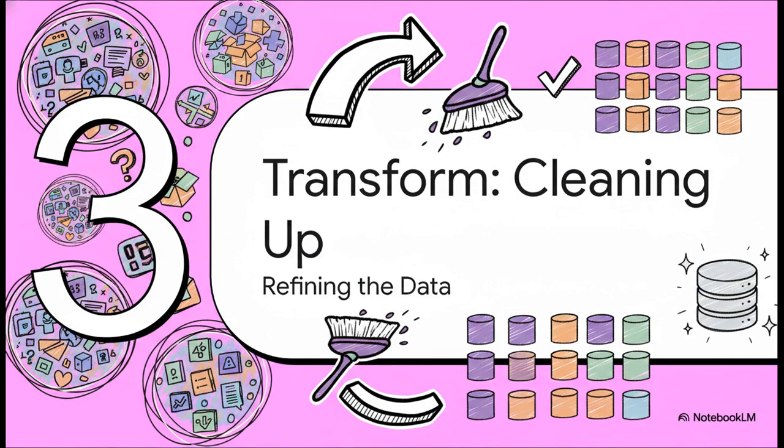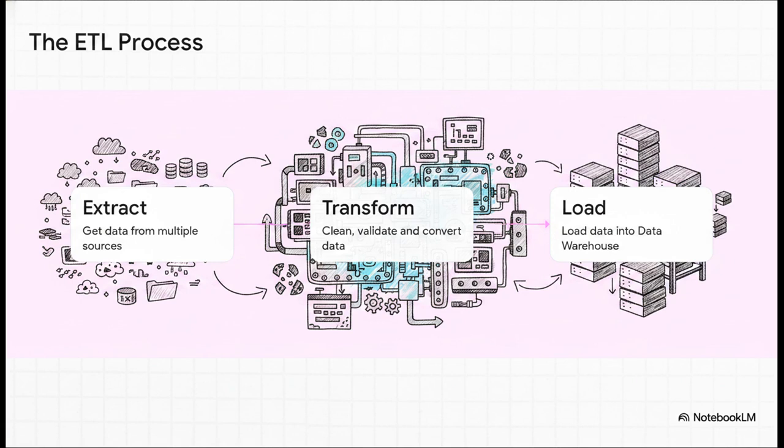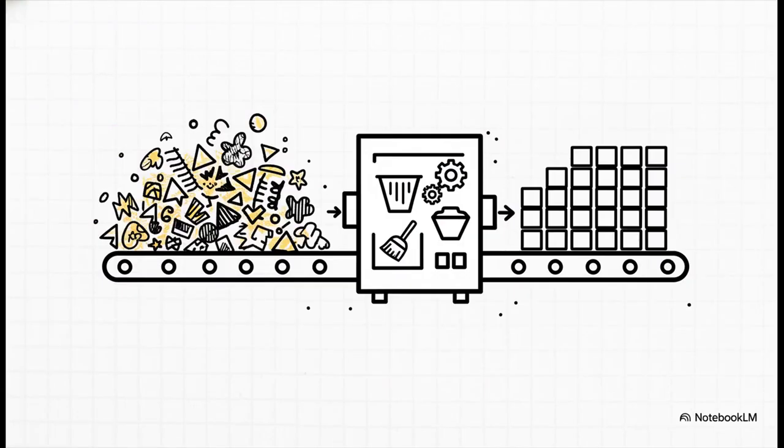Moving right along to part 3, transform, cleaning it up. So, right into the middle of our core process here, transform. If extract was the intake door, transform is the absolute critical machinery right on the factory floor. Here is exactly what happens in the transform phase. We clean, we validate, and we convert the data. Remember those messy, tangled cables?